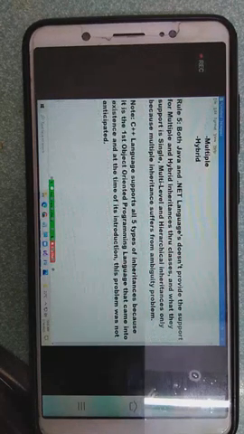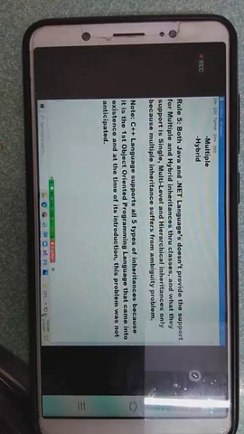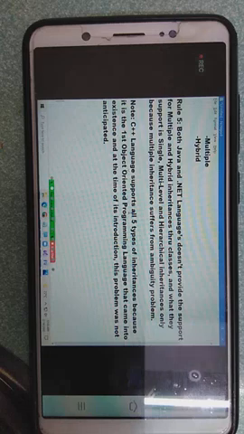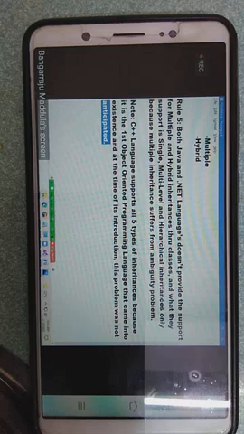Read the note, all of you. C++ language supports all 5 types of inheritances because it is the first object-oriented programming language that came into existence. At the time of its introduction, this problem was not anticipated. No one anticipated this type of problem coming into picture.